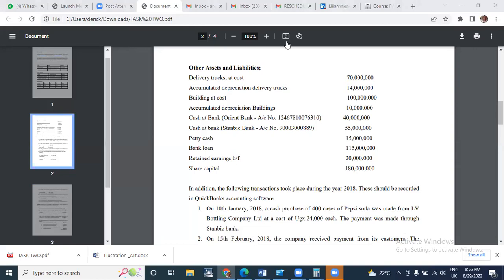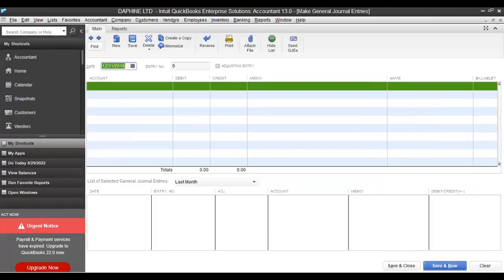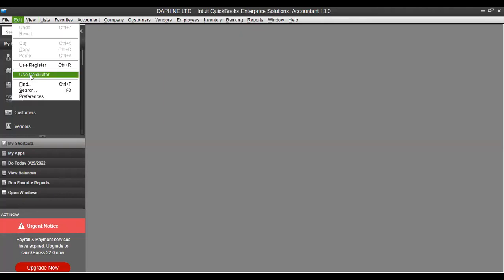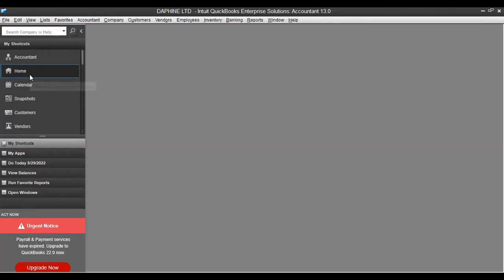Okay. So you're going to leave this blank for obvious reasons. So if you go to the calculator, which is under edit, then use calculator, when you click on it, the calculator will come. So you say 70 million, which is the cost, minus estimated depreciation, which is 14M.